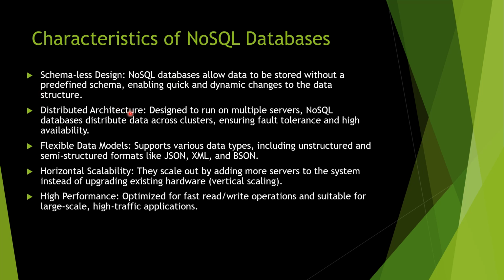NoSQL databases are designed to run across multiple servers, so if one server fails, the system still works. Flexible data models. It supports various data types, including structured and semi-structured formats like JSON, XML, BSON, and its horizontal scalability makes it unique. They scale out by adding more servers to the system.